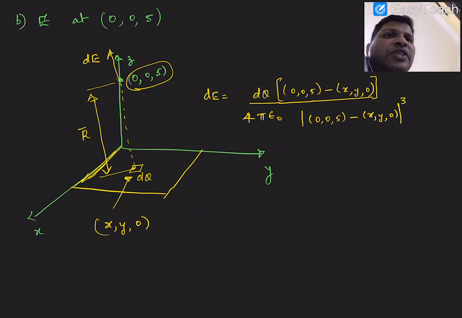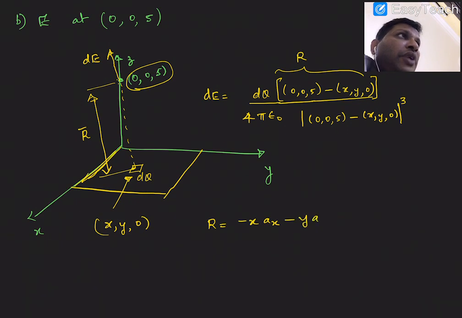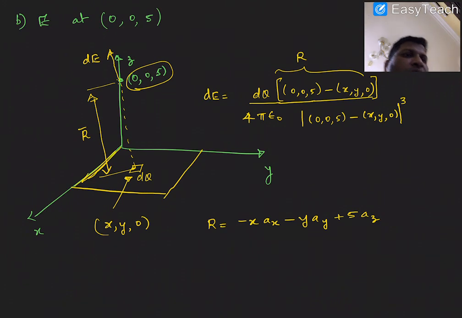So let's say this is r. This r is already given here. I have already explained this is your r. So let us define this r: 0 minus x is minus x into ax, minus y into ay, okay, then 5 minus 0, that means plus 5 into az. Okay, this is the vector.